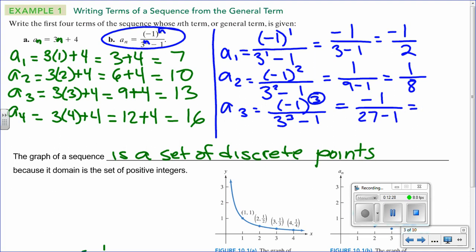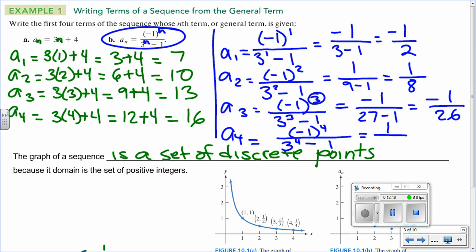27 minus 1. Oh, right, so 26. And then the last term, well, not the last, but the fourth, because that's all we were asked to find. You already know that if we have an even exponent, what's going to happen to the -1? It's going to be positive. So that will be positive 1 over 81 minus 1, which will be 1 over 80.